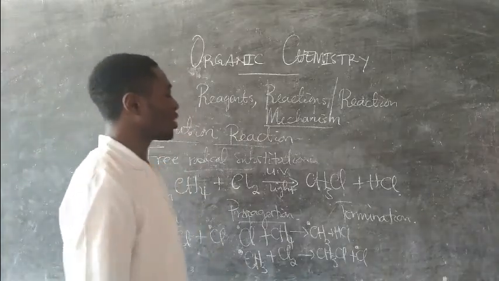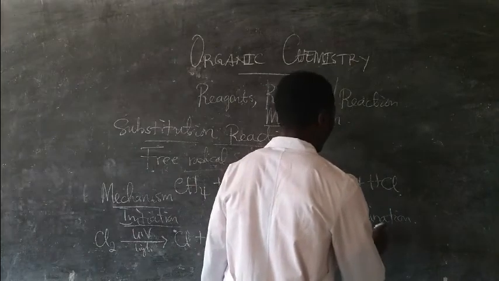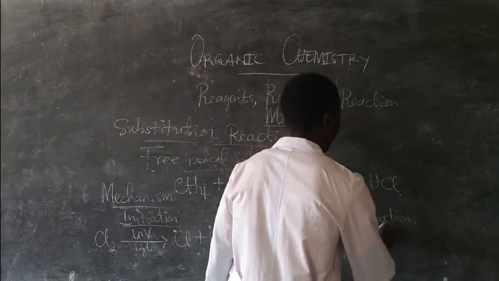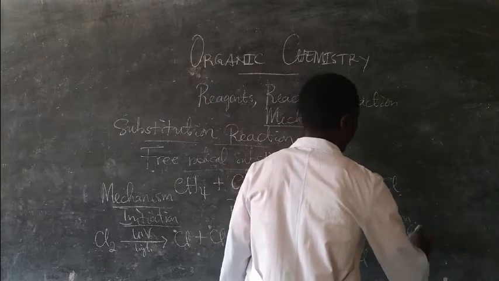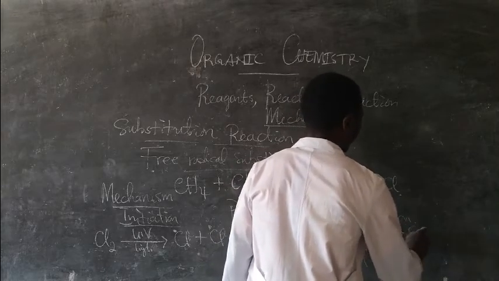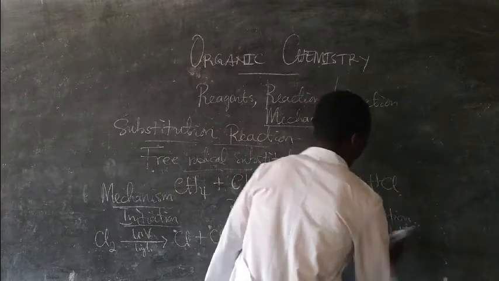Then for the termination step, we can have a chlorine radical combining with other chlorine radicals to give us Cl2.